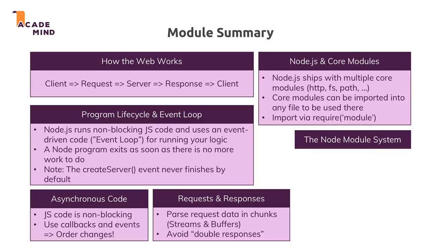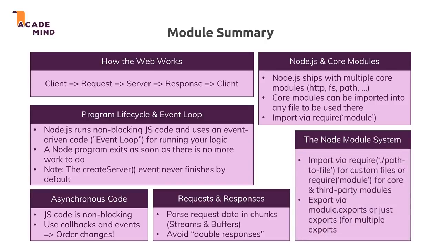Now that leads us to the Node module system, and this basically works with the help of this require keyword, which pulls some functionality from one of our files if we start with ./ or /, or from a core or third-party module. We haven't used any third-party modules thus far, but we'll also do that soon.